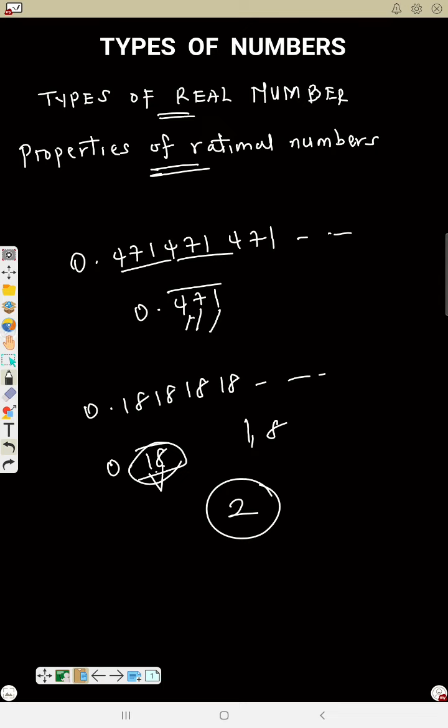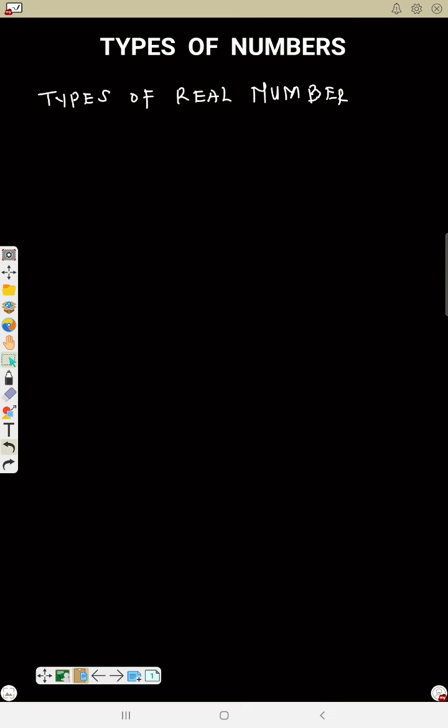Now let's see how to change a repeating decimal to a fraction. Let's start with the example I'm using, 0.3333. Change 0.3333, continuing, to a fraction. I want to confirm if this is rational or not.